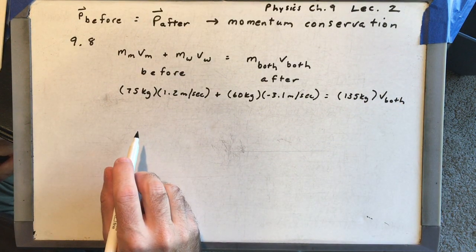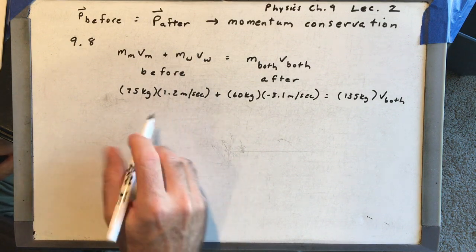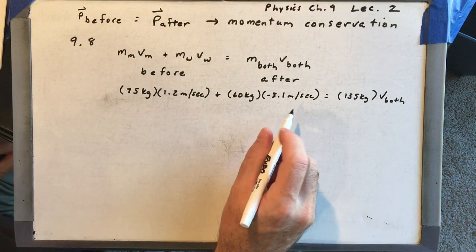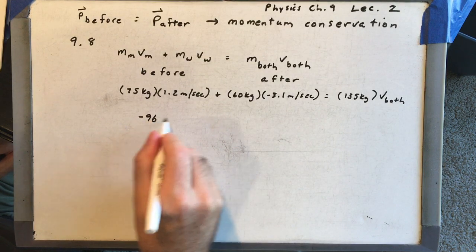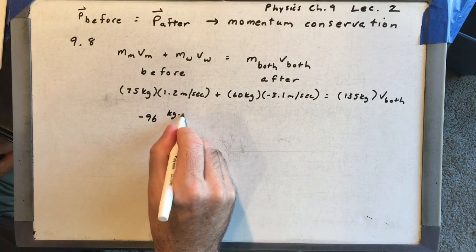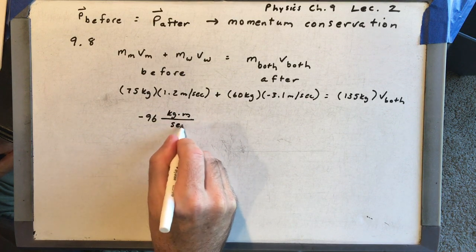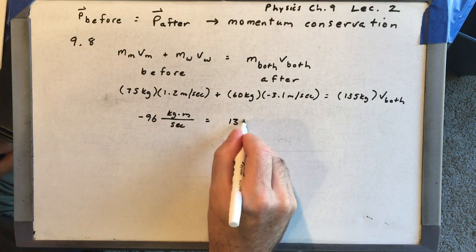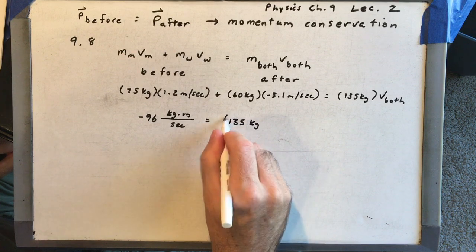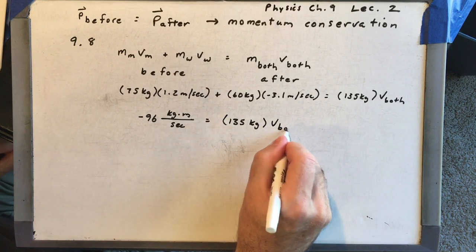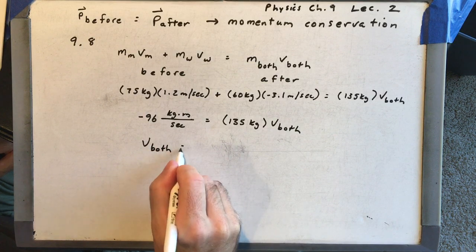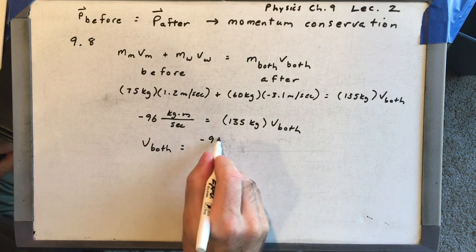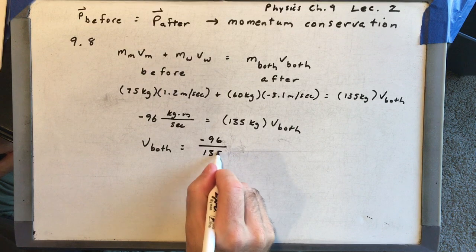Okay, so if you add these two together on the left side, you'll have negative 96 kilogram meters per second is equal to 135 kilograms times the velocity of both. So the velocity of both is equal to negative 96 over 135.